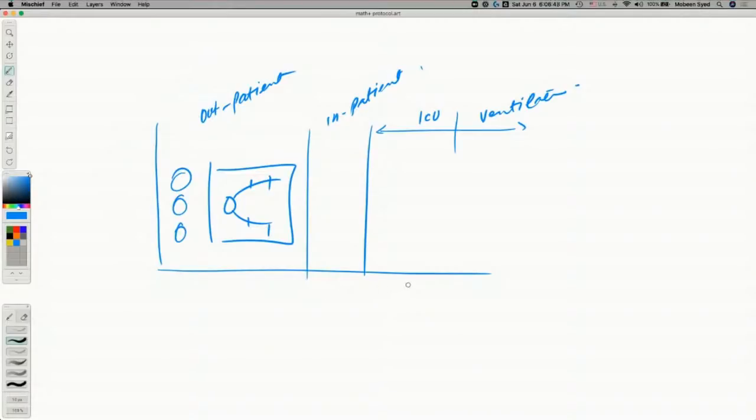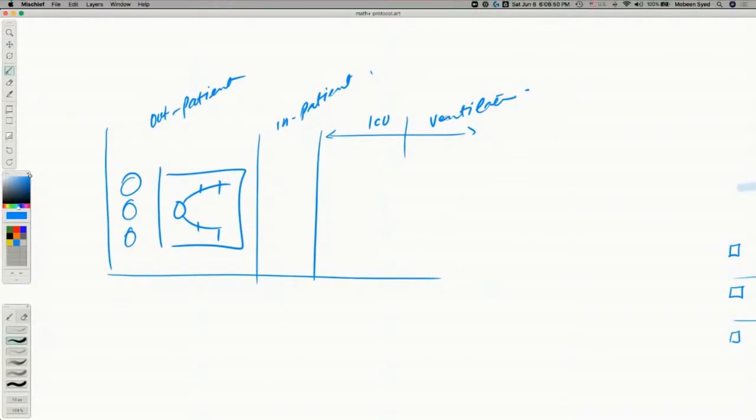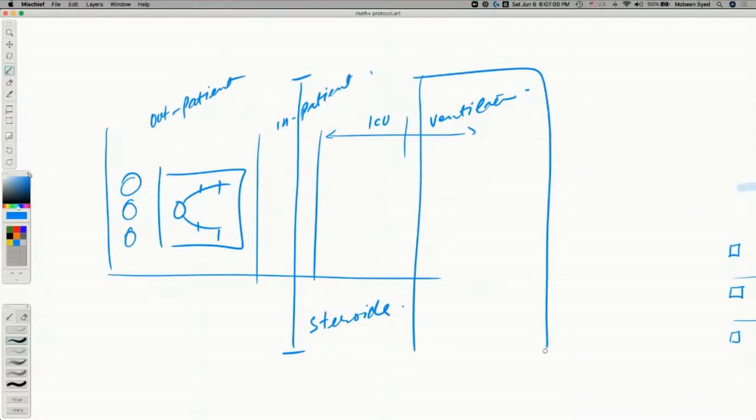So the authors are suggesting that there is a specific point where it is important to start steroids. If steroids are given too late, that is also counterproductive because now the damage is done.